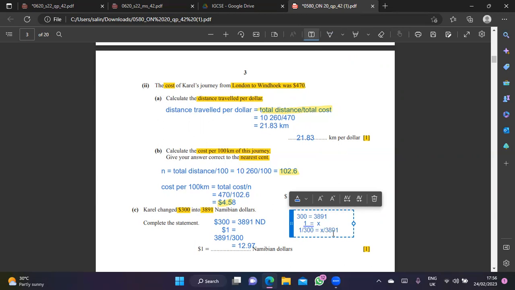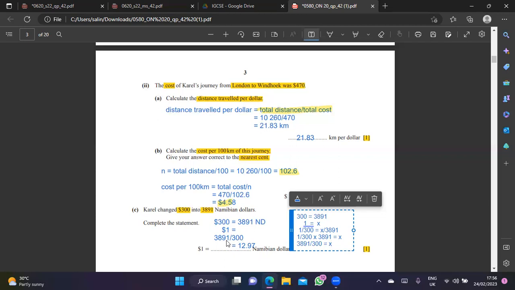Then to find your X, just use your algebra. So that would be 1 over 300, and then you bring 3891 to the other side, that would be multiplication, times 3891, and that is your X. Rewrite this, this will become 3891 over 300 equals X. So that's how I got 3891 divided by 300.